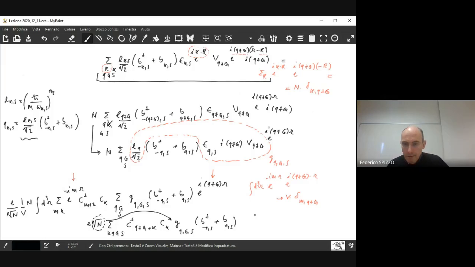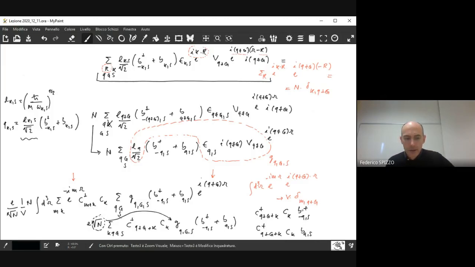So we have the opportunity in this case to have two couples of operators. So we have c cross q plus g plus k, c k, b cross minus q s, sorry, I forgot, and then we have c cross q plus g plus k, c k, b q s.